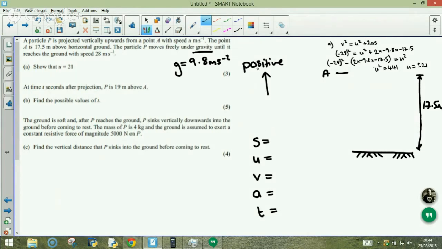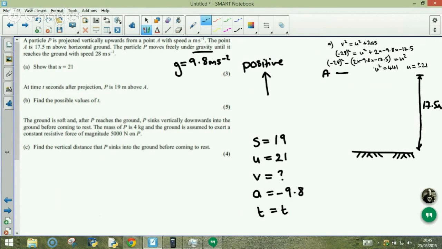S, remember our positive is up and this is 19 above A, so our distance now is 19. U is 21. V, we're not quite sure. A is minus 9.8 because our positive is up. And T is what we're trying to find. So we've got S, U, A, and T.